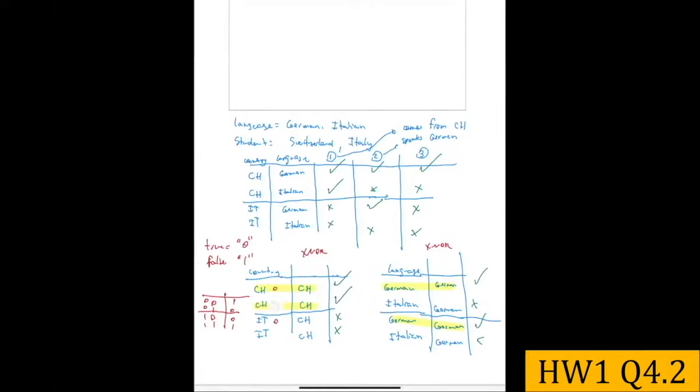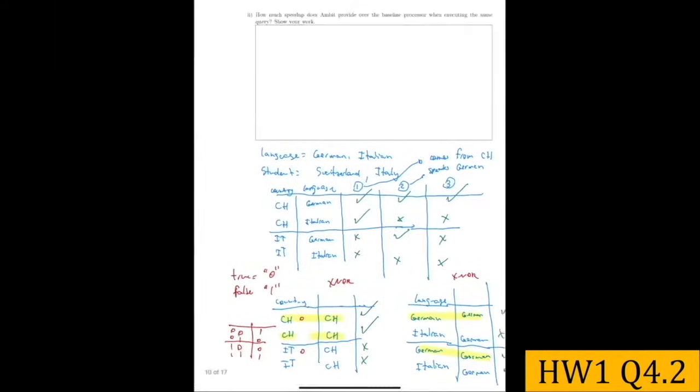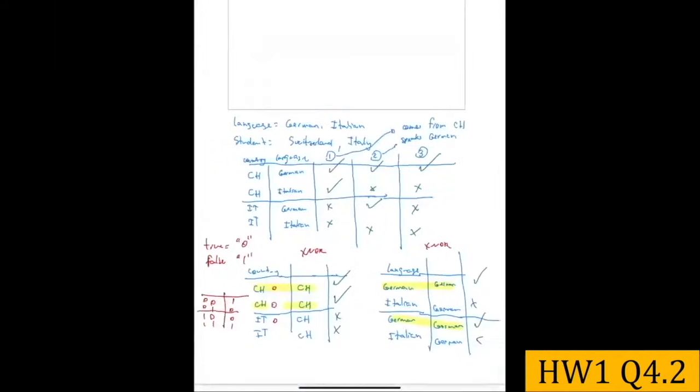So 0, 0, 1, 1, and then this is going to be 0, 0, 0, 0, right? So if I do XOR instead of XNOR, I'm going to have that 0, 0 is going to be equal to 0, 0, 1 is going to be equal to 1, 1, 0 is going to be equal to 1, 1, 1 is going to be equal to 0.